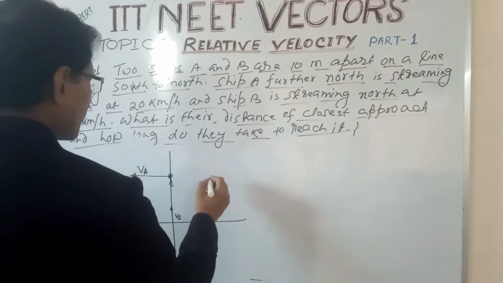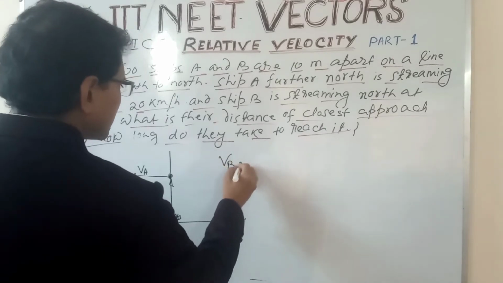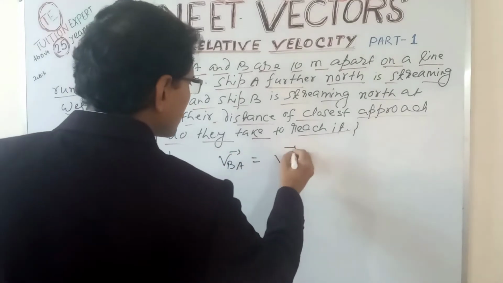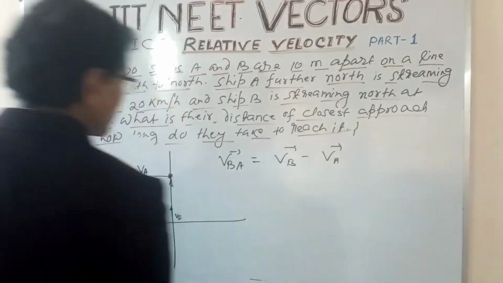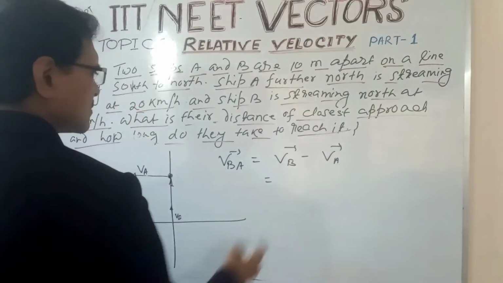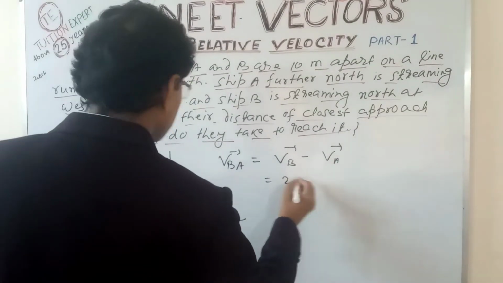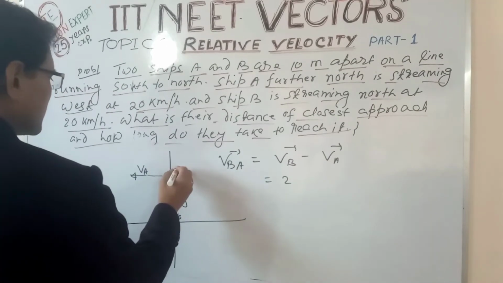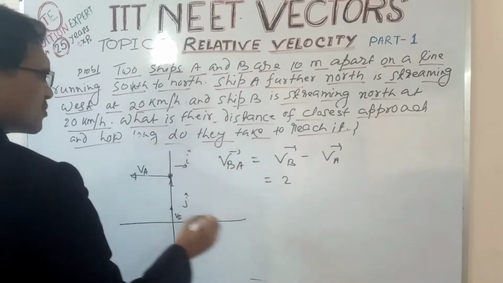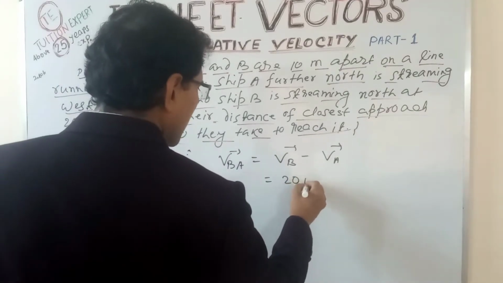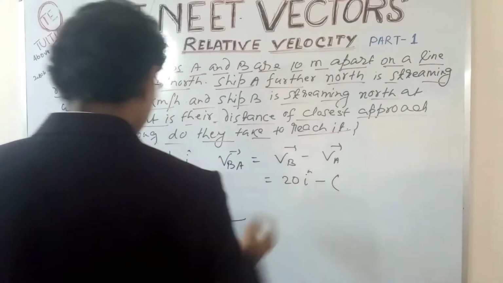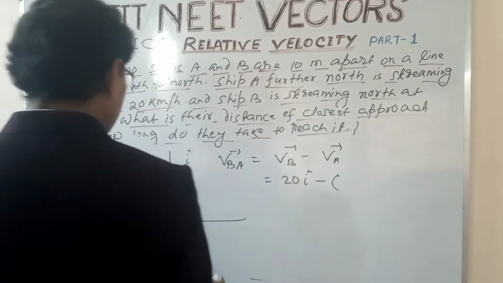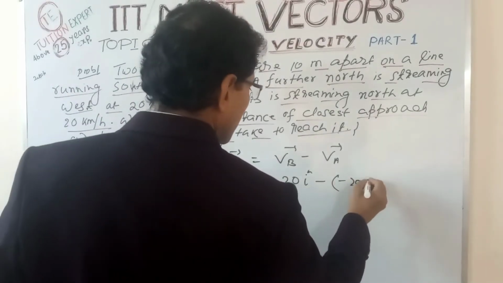So to solve the problem, first find VBA. VBA equal to VB minus VA. VB, suppose this is J vector, unit vector along this is J, and unit vector along this is I. So VB is 20J minus VA. VA is actually minus 20I.